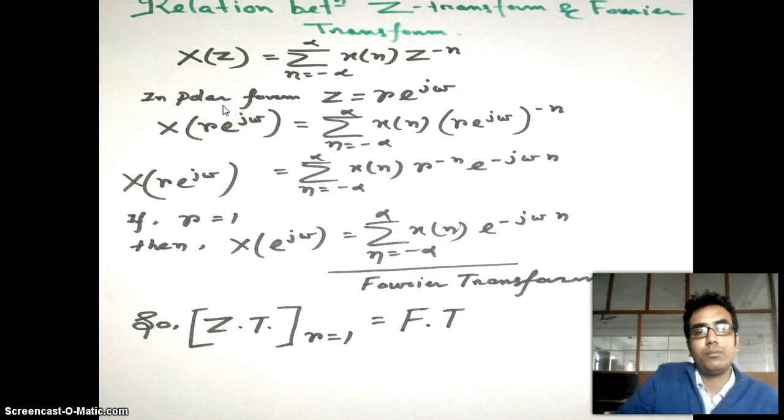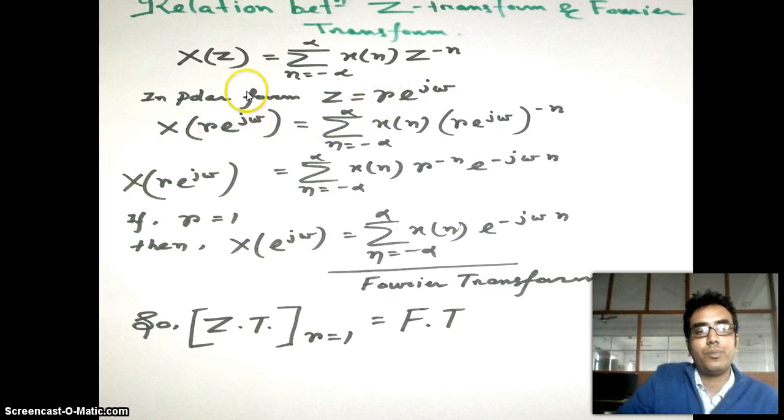In polar form, at first I told you Z transform is a complex frequency domain transform. So in polar form, the value of z is r e to the power j omega. So here is a complex part, complex frequency domain. Omega is the frequency part, and r is the radius of the complex plane.